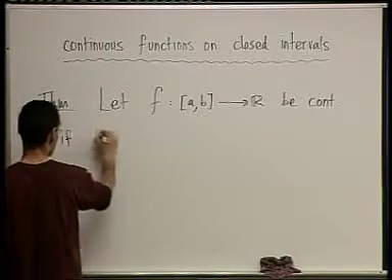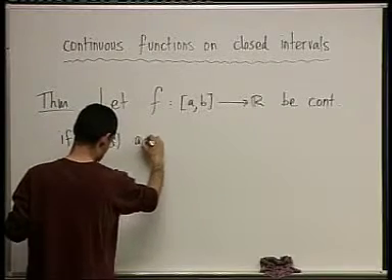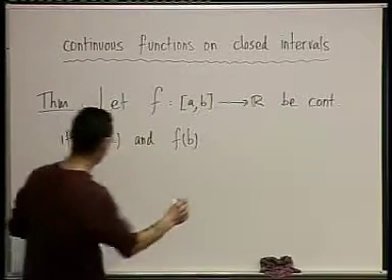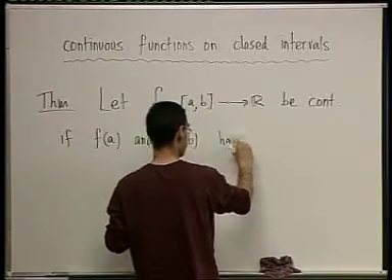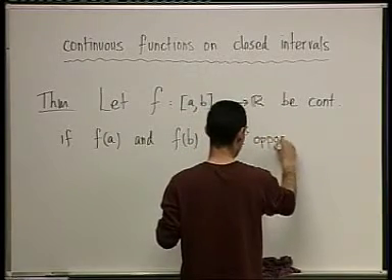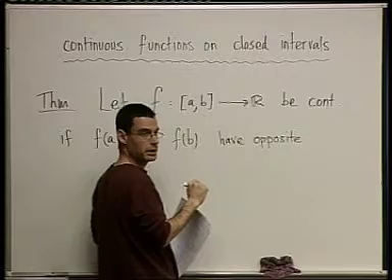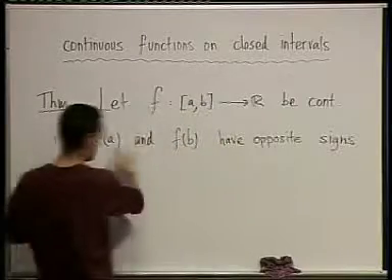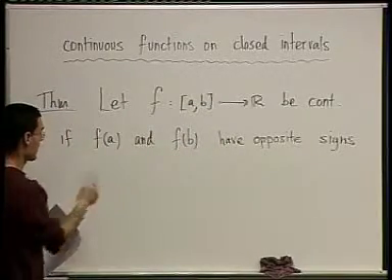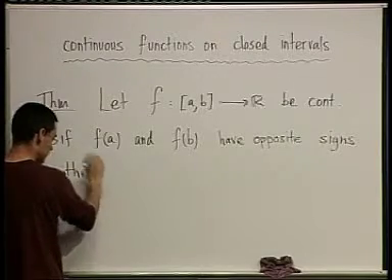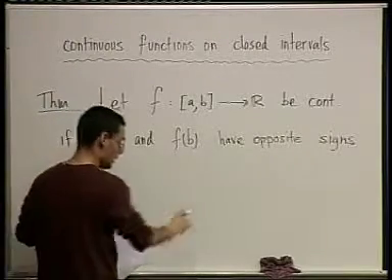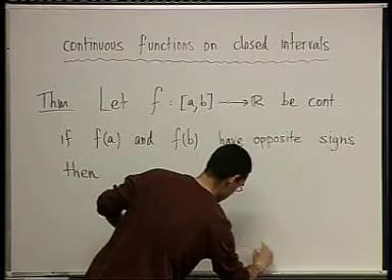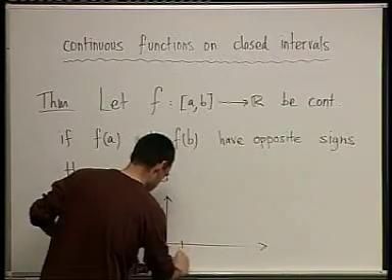If f at the point A and f at the point B, the values at the endpoints, have opposite signs, meaning either this is negative and this is positive or vice versa, then you tell me, what do I want to write here? I have a value A. I already heard two people say the right answer.